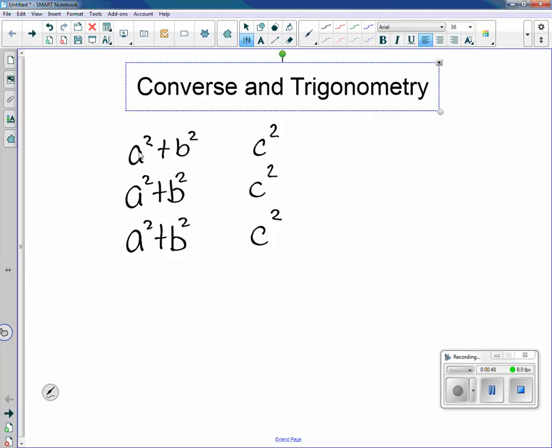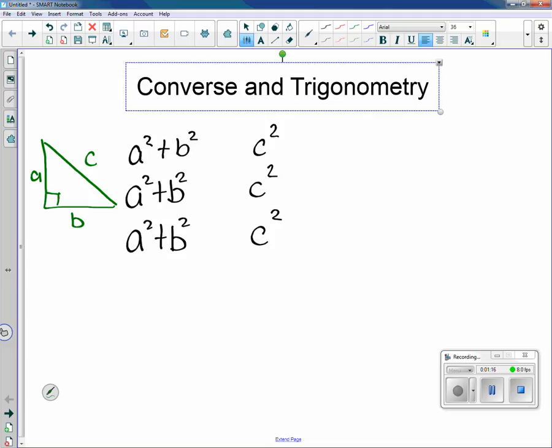All right. I almost think of it as a war. If we're talking about a right triangle, we all know that sides A and B are your smaller sides, correct? And C, which is the hypotenuse, is always your bigger side.